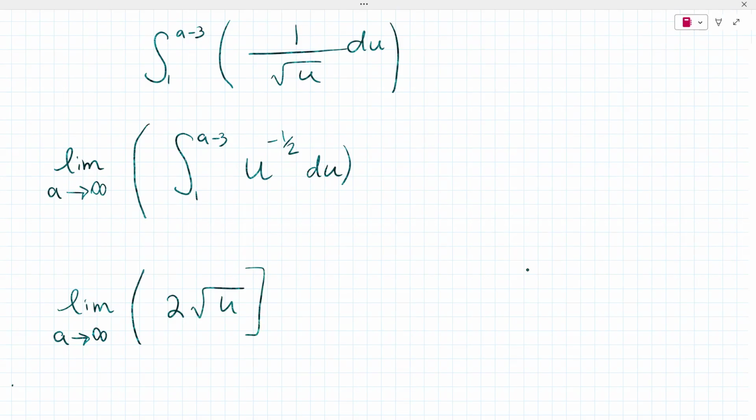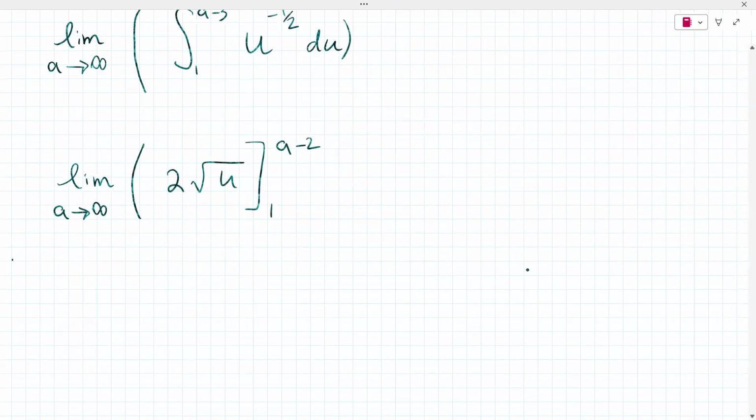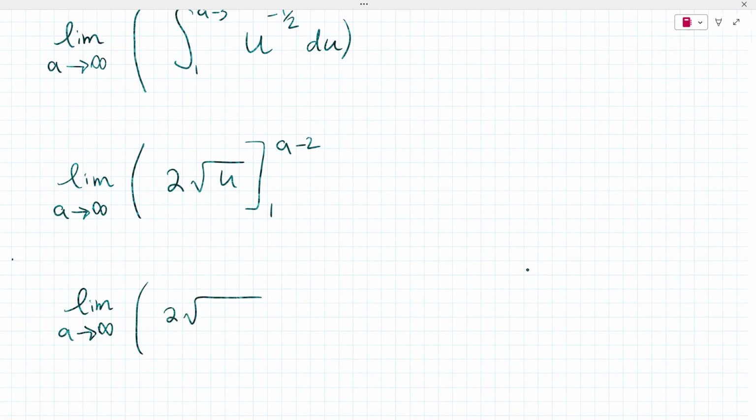Then you apply your lower and upper limits.